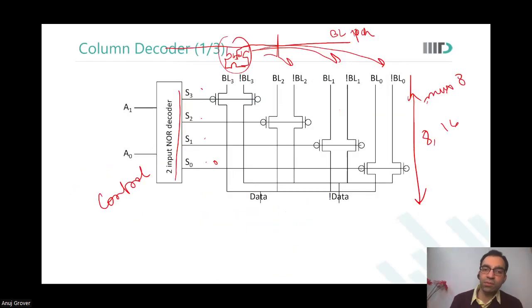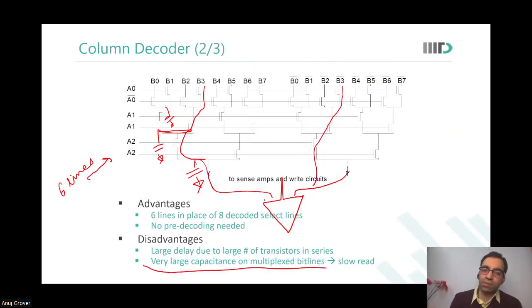In the previous decoder, there was no such thing. Straight to data bar, one capacitance, that's it. No intermediate stage. In a tree decoder, these capacitances are definitely there, but there are also these intermediate capacitances that come into the picture, and that will slow the system down.